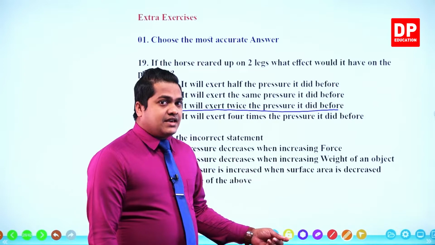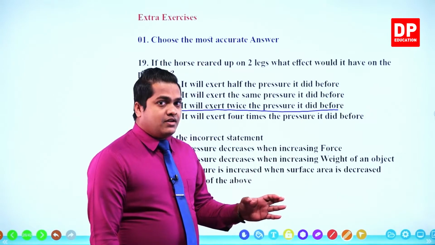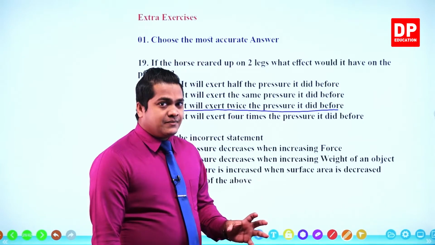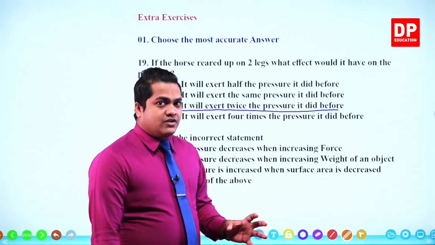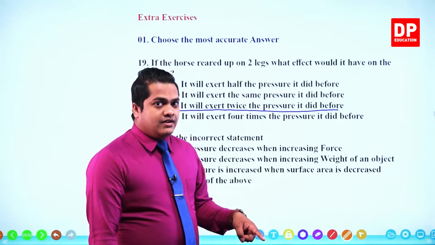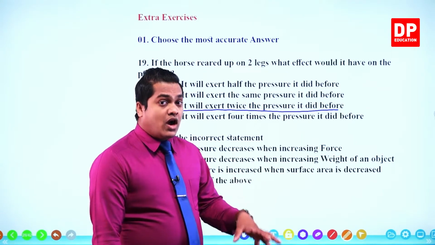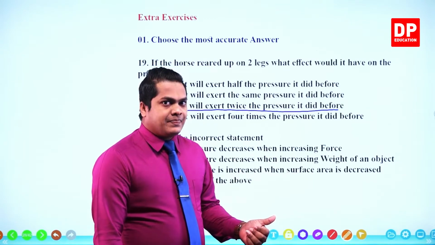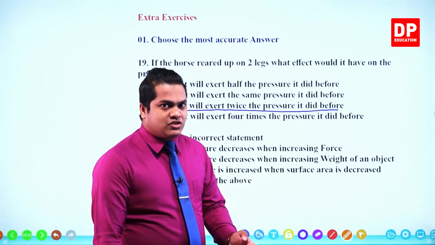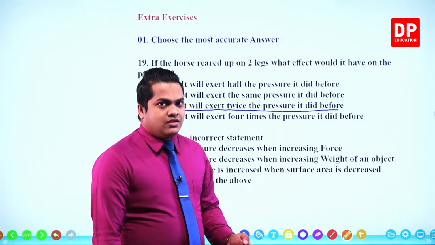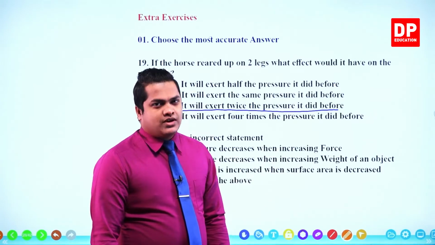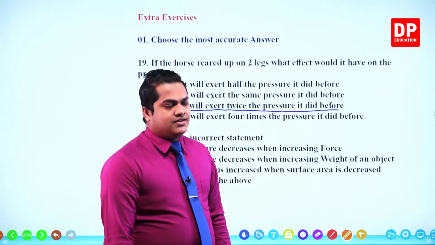In the earlier case, I think you can remember, surface area got increased from 50 to 100. In that case, my dear children, pressure got reduced by 2 times. Then in this case, pressure should increase by 2 times. Okay, that's the case.